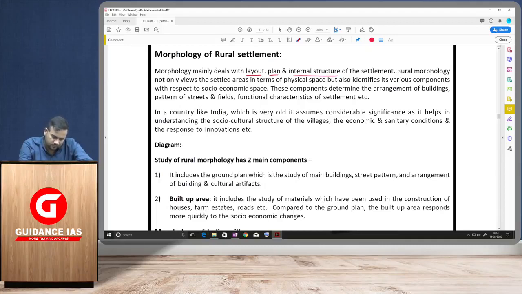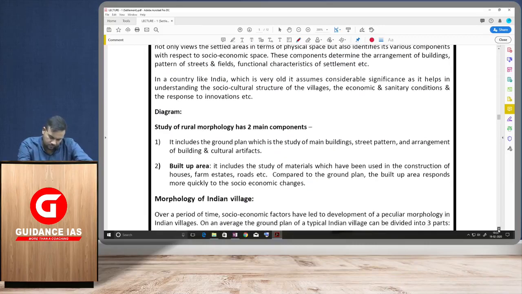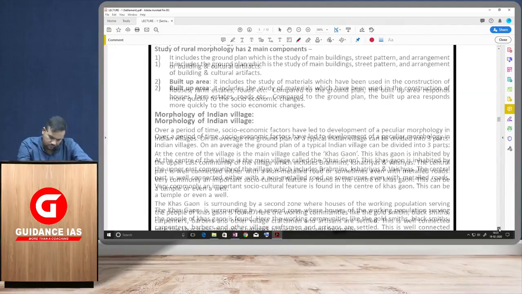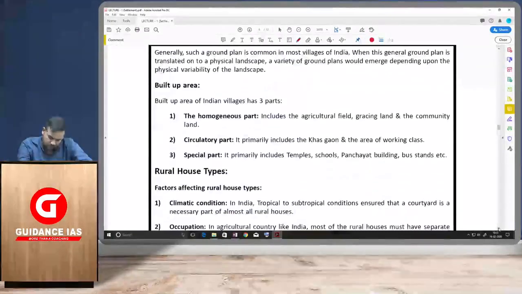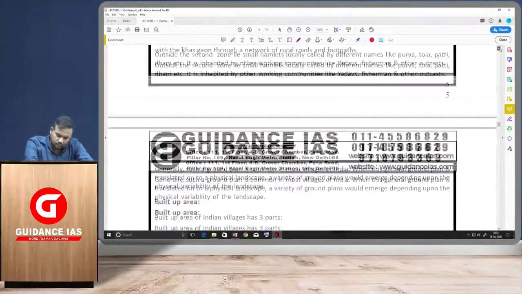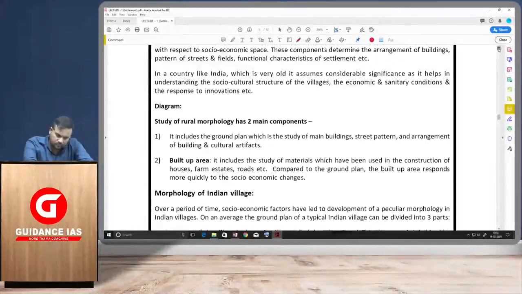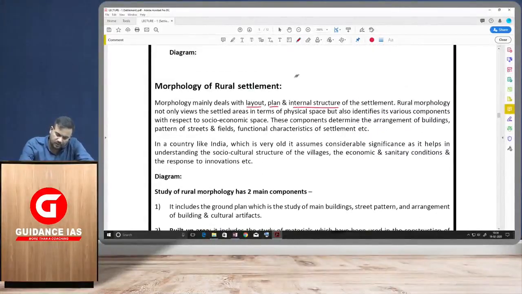Essentially, it is not written here, but I think you can use the word, it is the study of the land use pattern of a rural settlement.